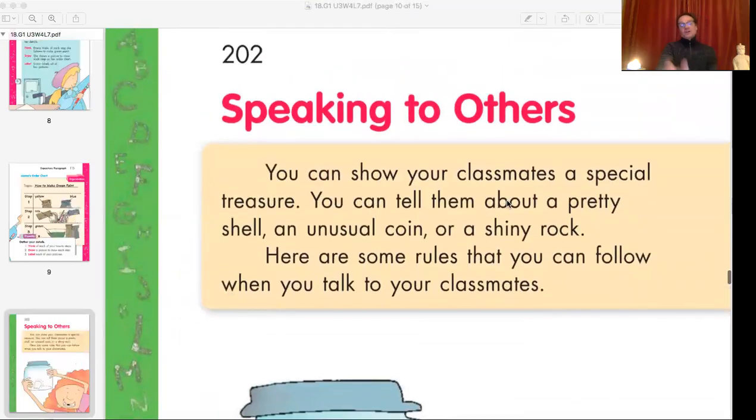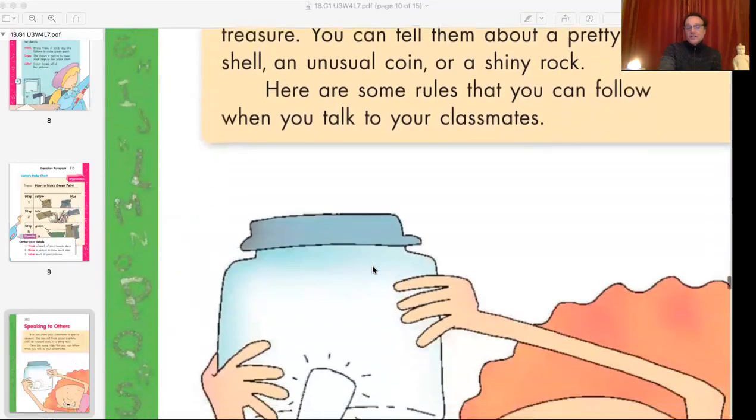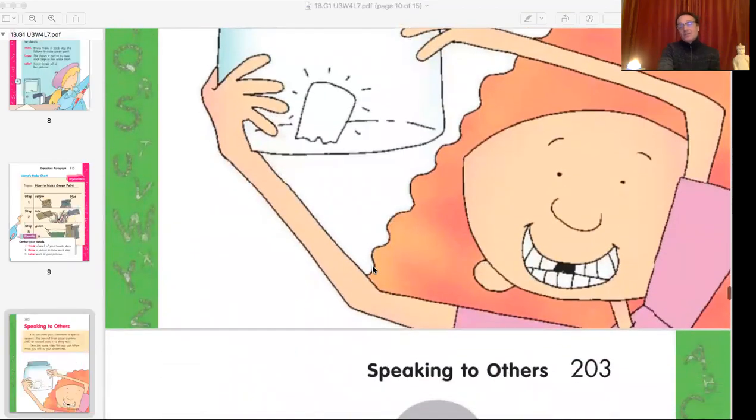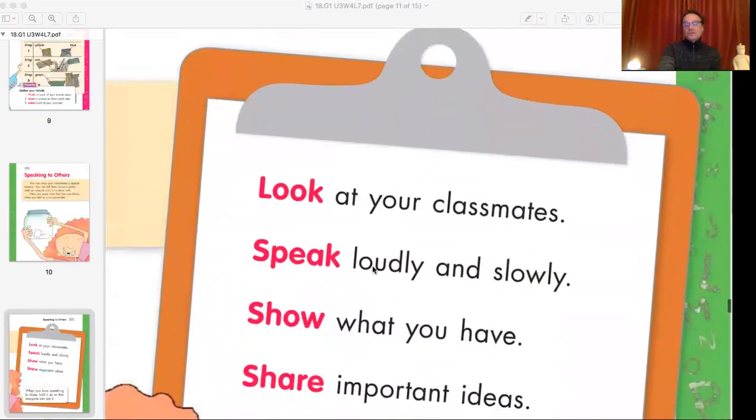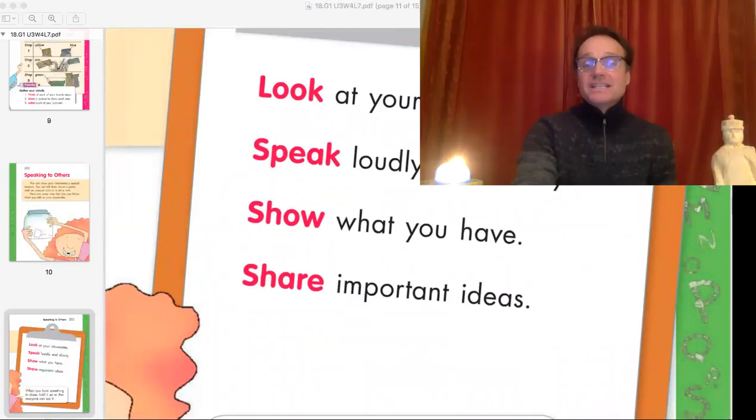You can show your classmates a special treasure. You can tell them about a pretty shell or an unusual coin or a shiny rock. Here are some rules that you can follow when you talk to your classmates. So here now we're going to talk about when you talk with your mouth to your class. What is good? Look at your classmates. I'm going to make this big so you can see what I'm doing.